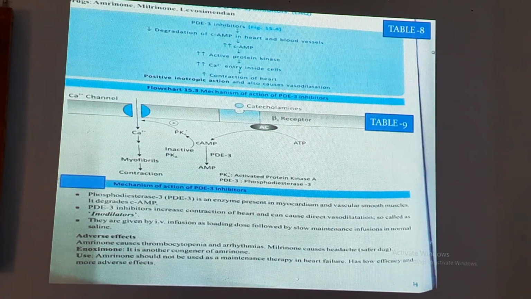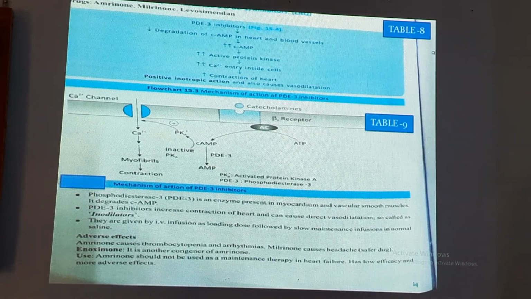And again, PDE3 inhibitors will inhibit metabolism of cyclic AMP to AMP, and this will increase concentration of cyclic AMP, and this increased concentration of cyclic AMP converts inactive protein kinase A to active PKA, that is the active form, and that enhances entry of calcium ion through the calcium channel.